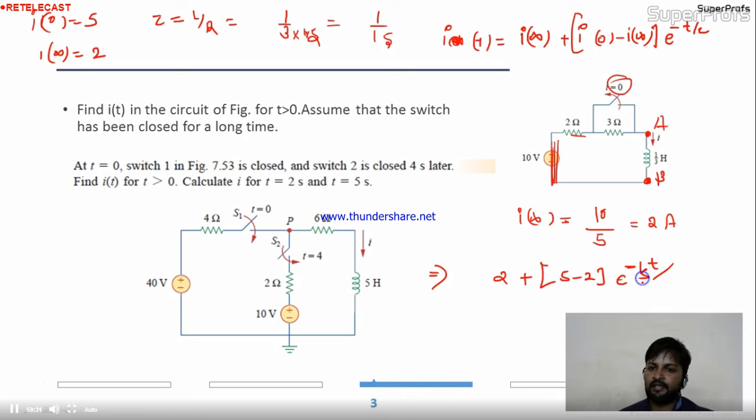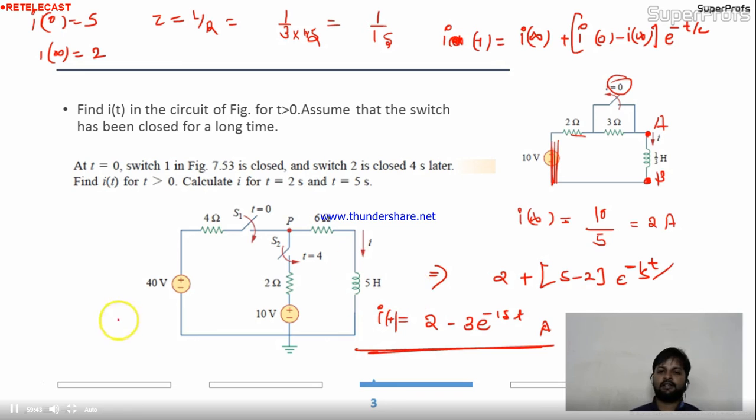So tau is 1 by 15, and your final answer is 2 plus 3 e to the power minus 15 t ampere. This is your current. So I hope these two formulas are pretty clear to you. Again, I'm telling you, these are very important formulas, and maybe you are getting a problem in 2018 GATE from these two formulas only, any one of them.